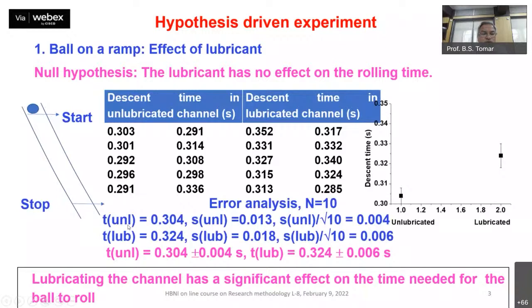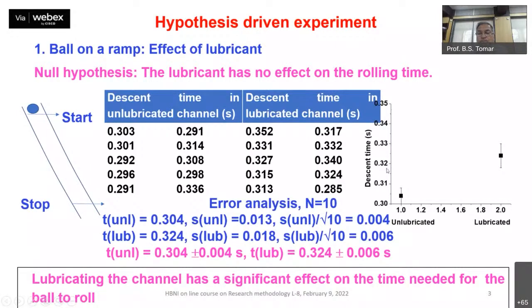For the unlubricated case, the mean value is 0.304, the standard deviation is 0.013, and the standard error of the mean, that means standard deviation divided by root of the number of measurements, is 0.004. Similarly, you do the exercise for the lubricated case, and you find a mean value of 0.324, standard deviation 0.018, and standard error of the mean 0.006.